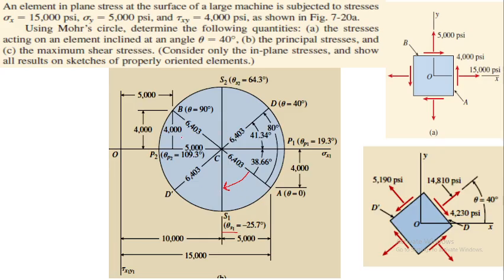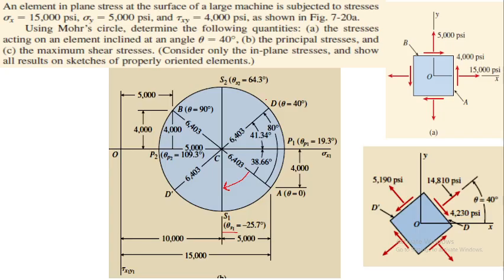So minus 25.7 plus 180 will give you an angle of 154.3, and you divide by 2.